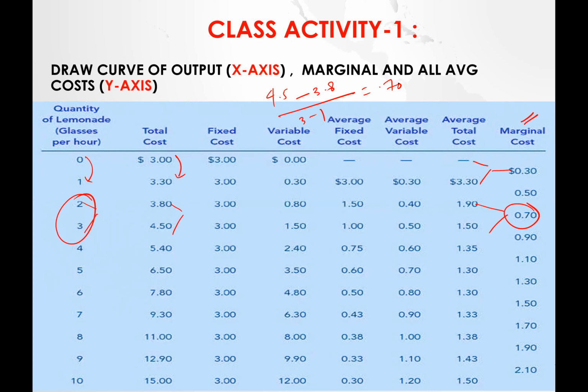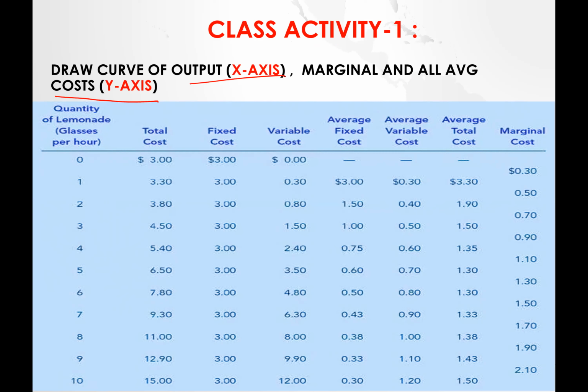So here we go, this is class activity 1. Take out a page and write down your name and student ID and make a graph. You have to make one graph and draw curves by taking cost on the y-axis and output on the x-axis.